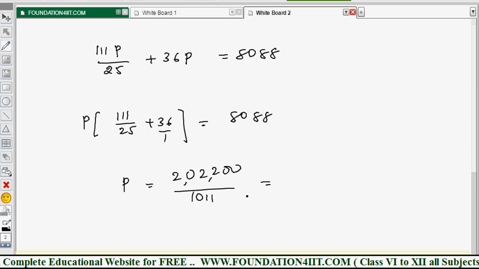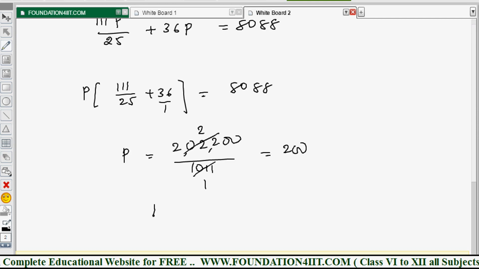Then you can cancel this: 1011 ones are 1011, twos are this value, into 00. So 200. Therefore the monthly installment P is equal to rupees 200. Hence the value of each monthly installment is rupees 200.